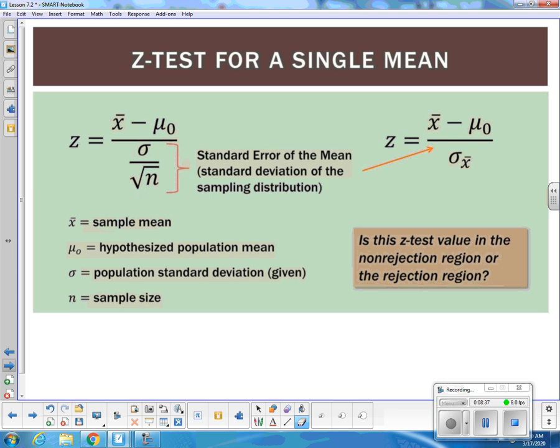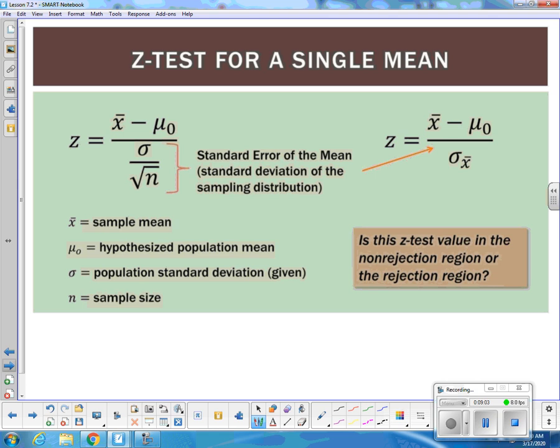All right? So we're going to take our sample mean minus the null mean, okay, divided by the standard deviation of the population, divided by the square root of the sample size. All right? So not too crazy hard.